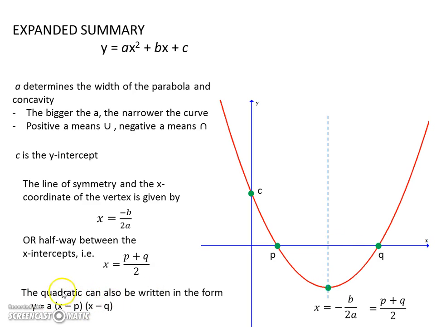And you can also write your quadratic in a factorized form like this. The two examples I showed you were pretty easy. You can try yourself with a more difficult example and see if it is true. It will be true, but explore that for yourself.